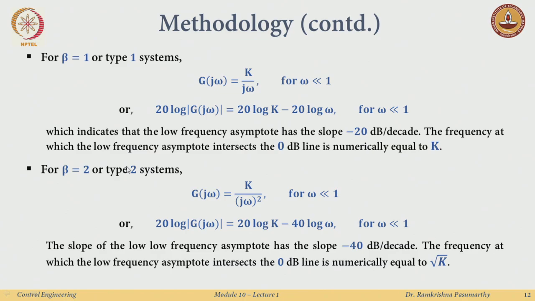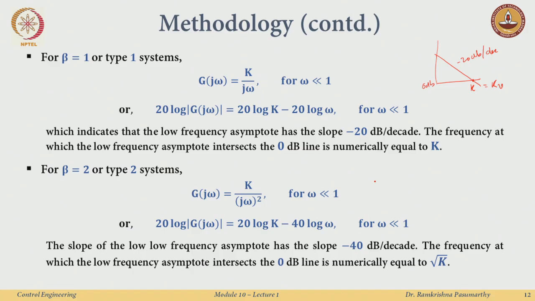Similarly, for a type 1 system, G of j omega can be approximated for very low frequencies as K over j omega, and I see that the low frequency has a slope of minus 20 dB per decade, and where it intersects the 0 dB line, this constant is equal to the velocity error constant Kv.